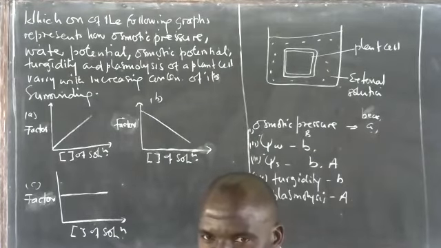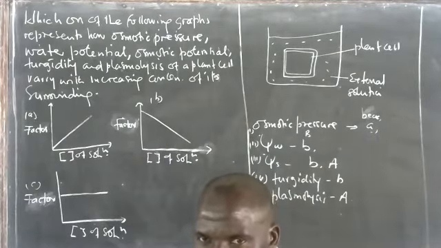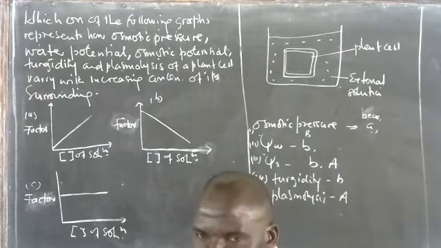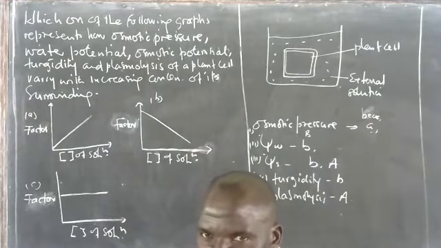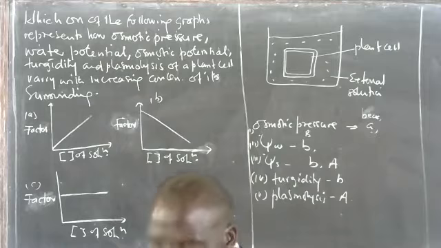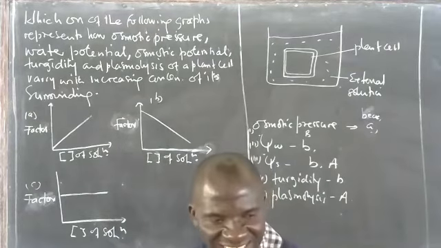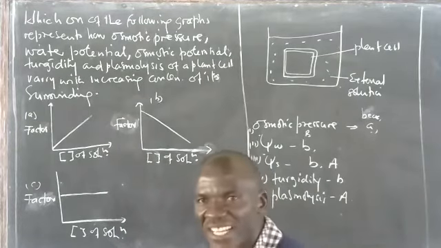Therefore, as it loses water, the concentration in the sap vacuole is going to increase. And remember, water potential is the quantity of water molecules in a solution. Therefore, the quantity of water molecules is going to reduce, so the water potential is going to decrease. Good. Thank you very much.